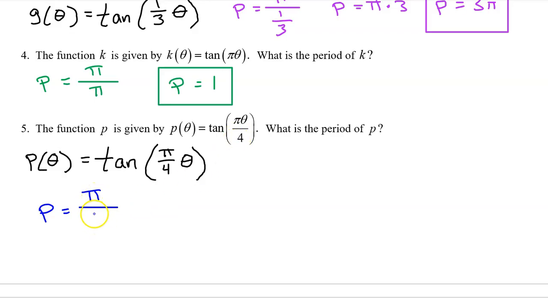So pi divided by pi over 4. When you divide by a fraction, you multiply by the reciprocal. So the period will equal pi times 4 over pi. The pi's cancel each other out because we have one high and one low. That leaves the period is equal to 4.